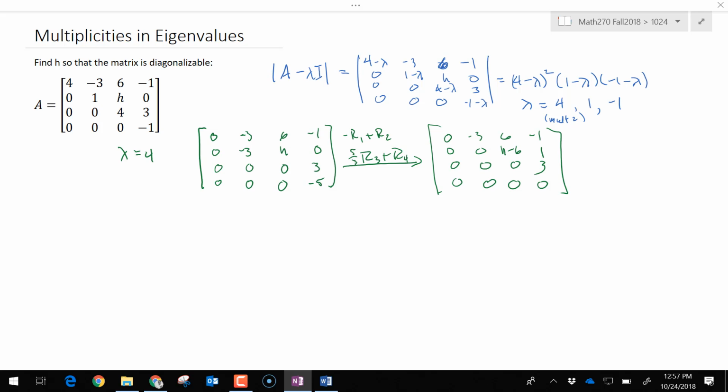Okay, so I think this is already in row echelon form, and we notice that x1 is a free variable. If h minus 6 was 0, then x3 would be free also.